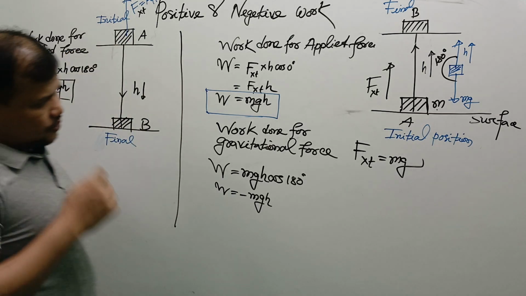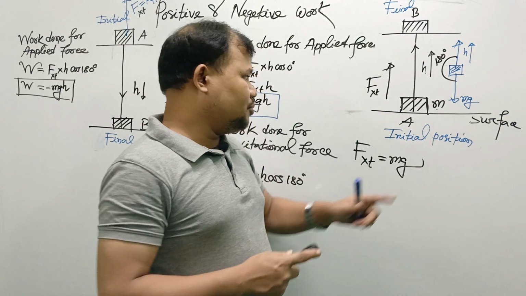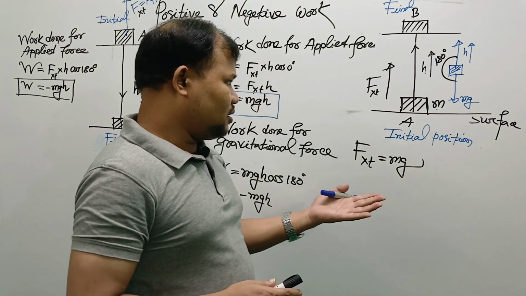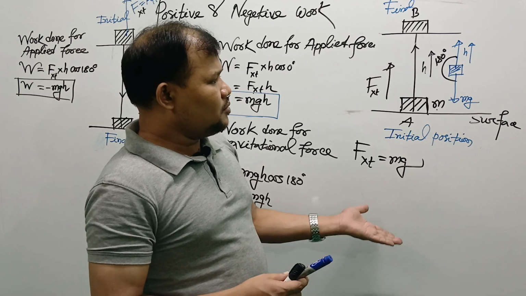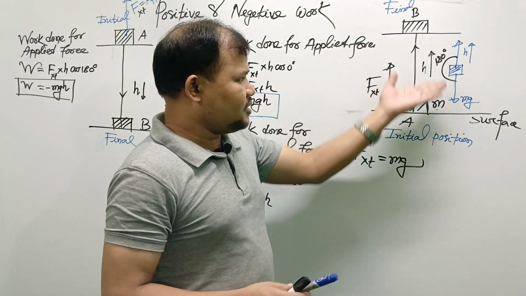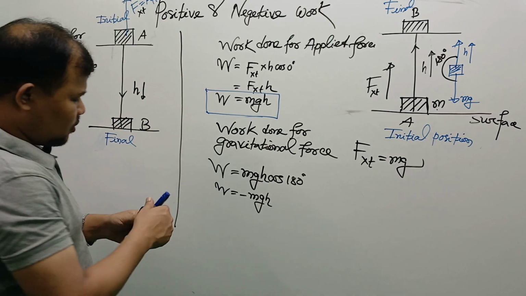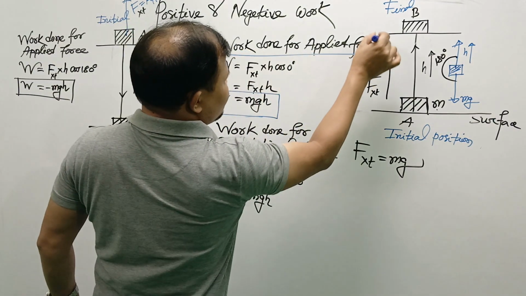But when we take the object from point A to B, if the object goes in the upward direction from the surface, then because of the applied force the work done is positive.